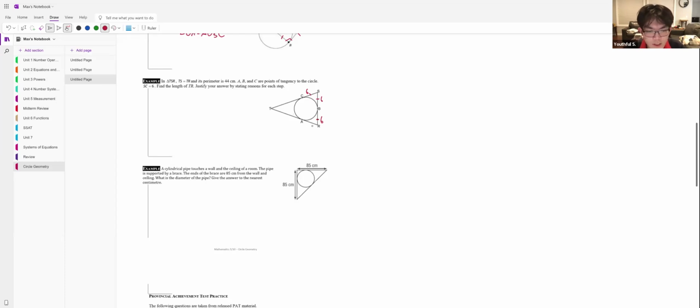So now it's asking us to find TR. We know the perimeter is equal to 44. We know this length is equal to 12. And then these two are the same, which we'll label as x, plus 2x, since there's two of them. So 44 minus 12 is equal to 2x. That's going to be 32, right? 32 is equal to 2x, and x is then equal to 32 over 2, which is 16.